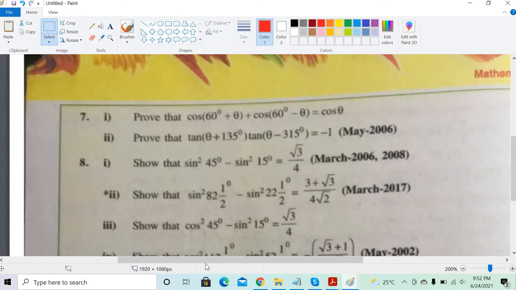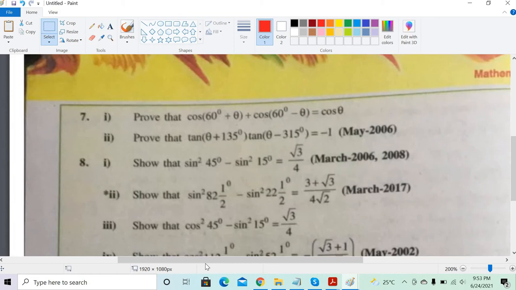How did you do the 315? You did 360 minus 45. How did you solve the tan theta minus 315 part?